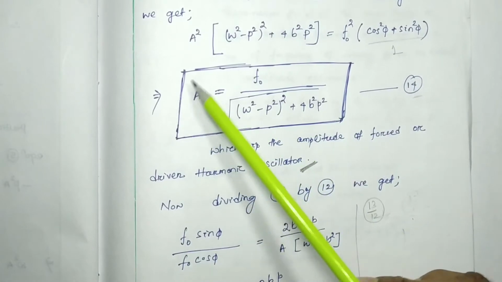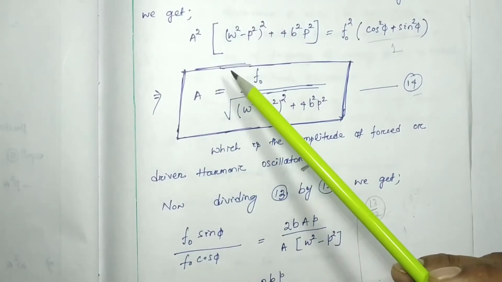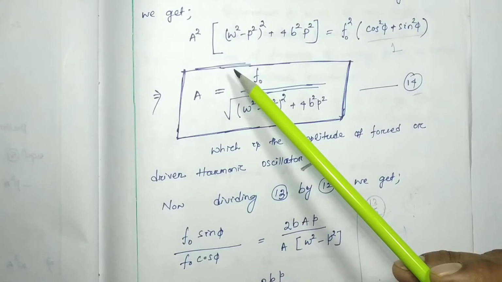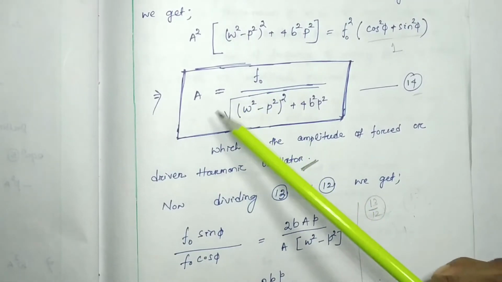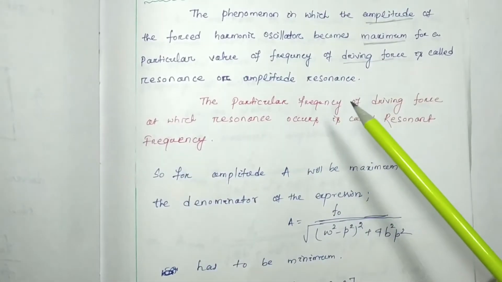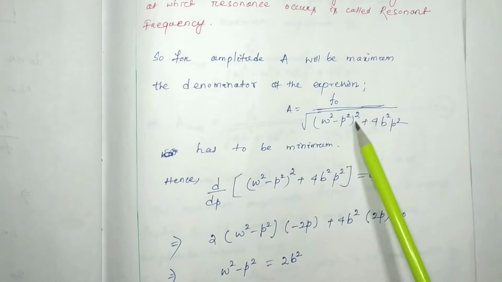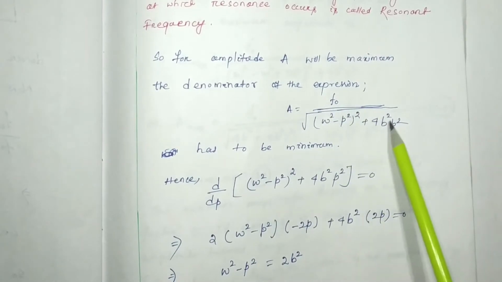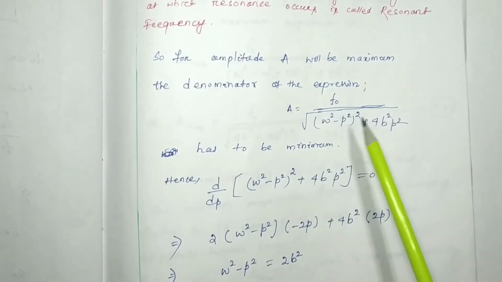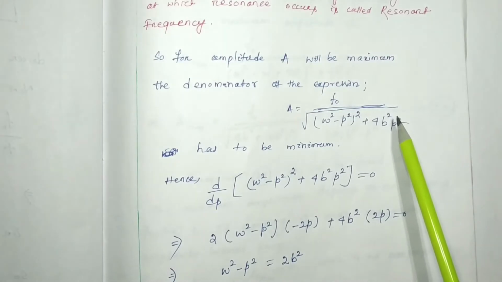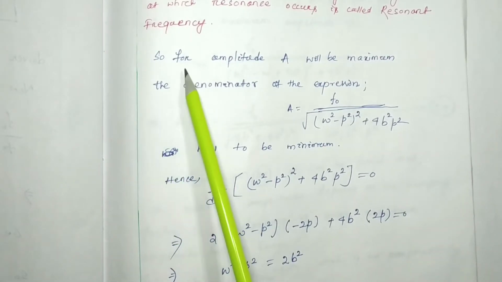So this amplitude will be maximum in that situation or condition, which is called resonance. When will it be maximum? When the denominator term is minimum.